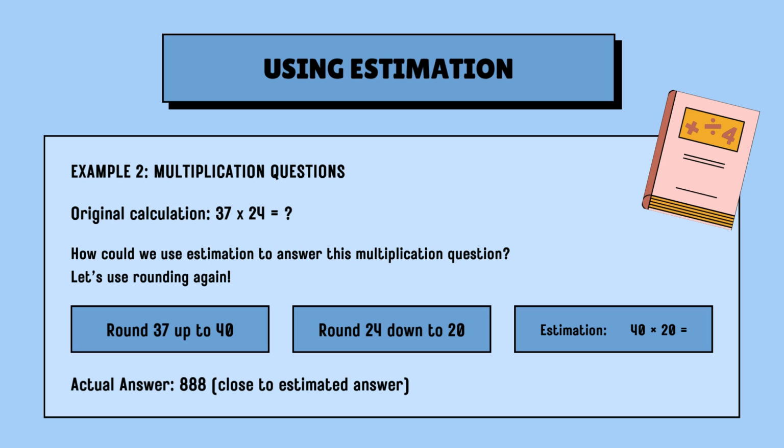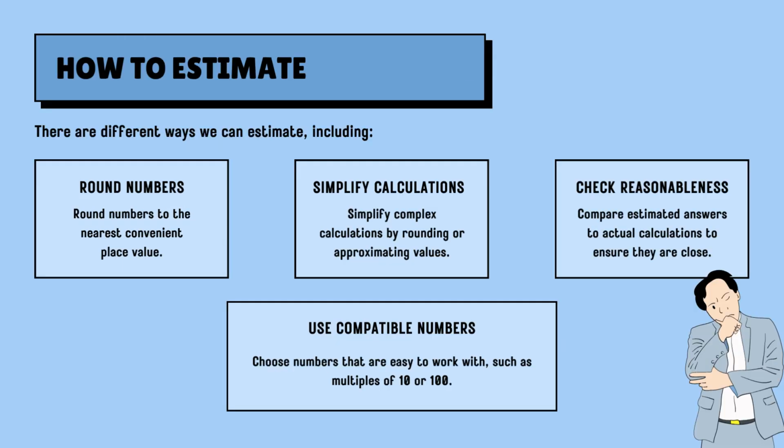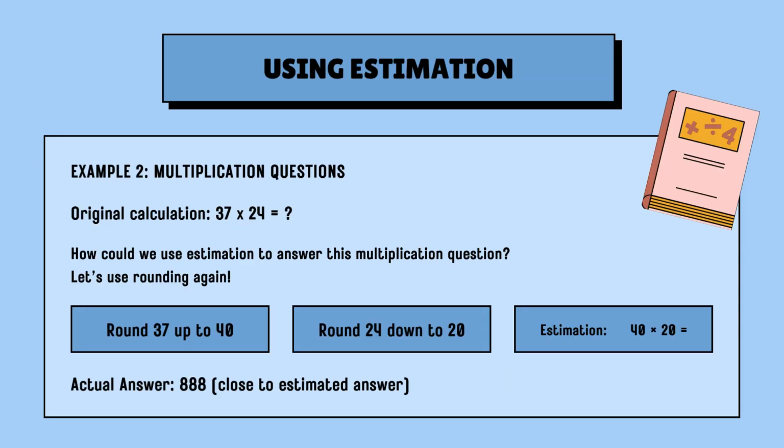Okay, let's quickly look at example 2. This time we are going to use a multiplication question and not addition. The original question is 37 times 24. How can we use estimation to answer this multiplication question? Let's use rounding again. Most of the time you're going to use rounding. Of all these ways, we will use rounding for the most part.